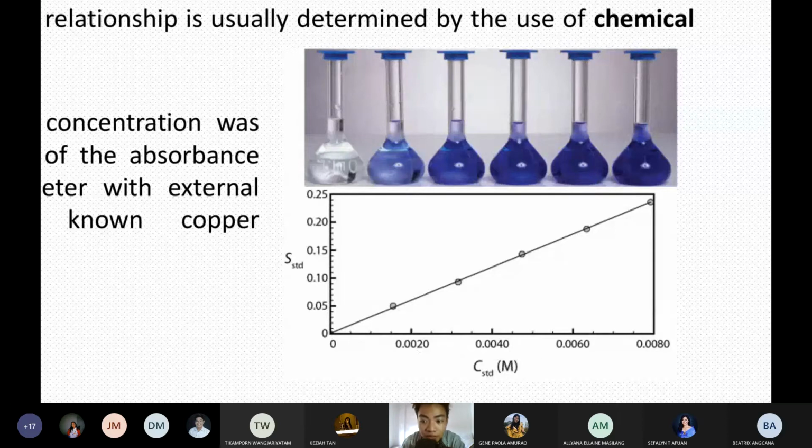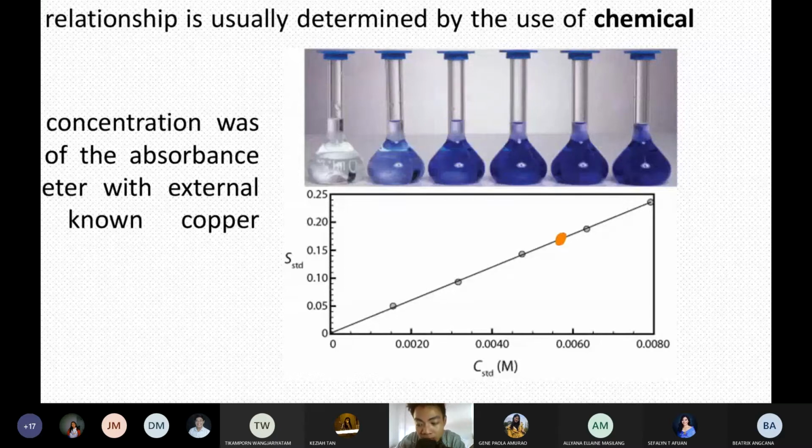Then, after you establish your standard curve, which is this one, you can now determine the concentration of the analytes in your sample. Suppose I have this sample with an unknown concentration of copper. After I ran my analysis in the UV-vis, my instrument told me that the response is somewhere here.